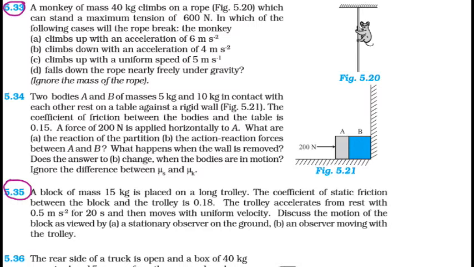The trolley accelerates from rest with 0.5 meter per second square for 20 seconds and then moves with uniform velocity. Discuss the motion of the block as viewed by a stationary observer on the ground, and an observer moving with the trolley.